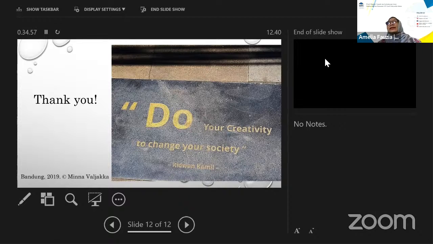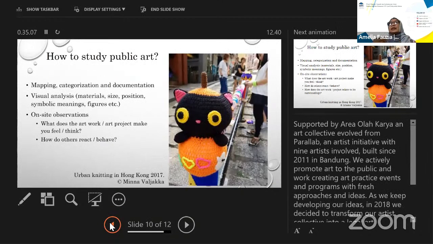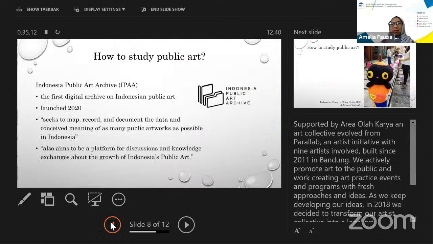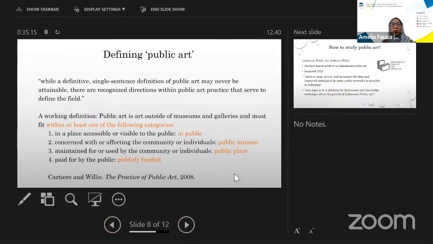I'm intrigued by the definition of, let's say, public art, because when you present, there is a kind of public art supposed to be, of course, in the public space, and then public interest, and then maintained or used by community, and then paid by the public.